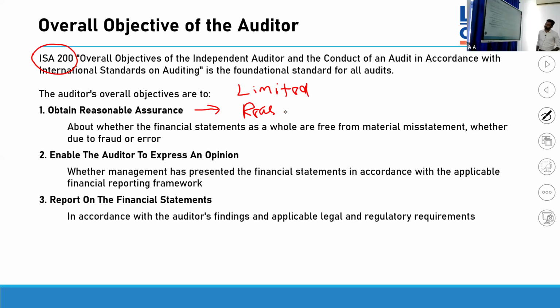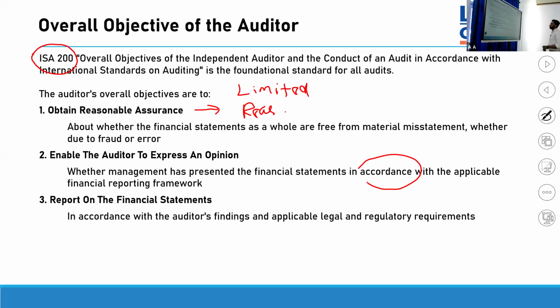Right. So we need to provide reasonable assurance about whether the financial statements as a whole are free from material misstatement, whether due to fraud or error. That's the first objective. The second one is to enable the auditor to express an opinion, which means we should evaluate whether management has presented the financial statements in accordance with the applicable financial reporting framework or not.